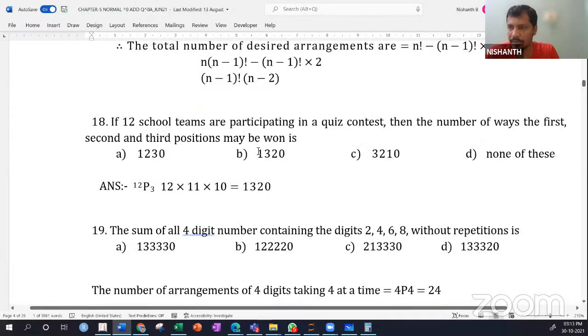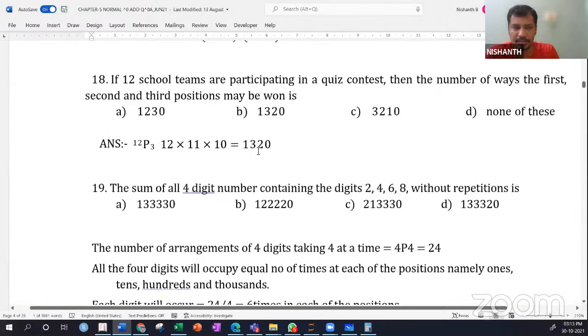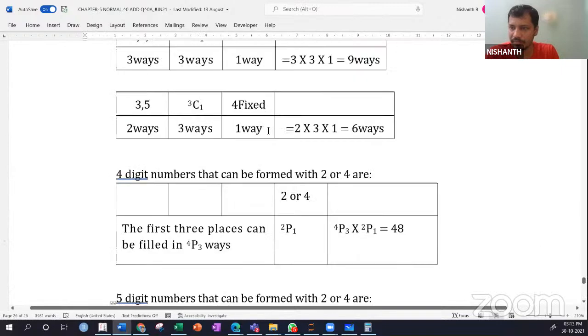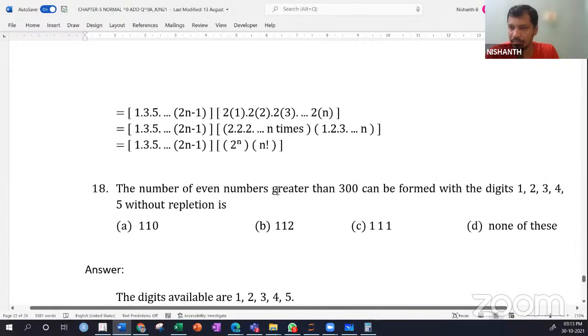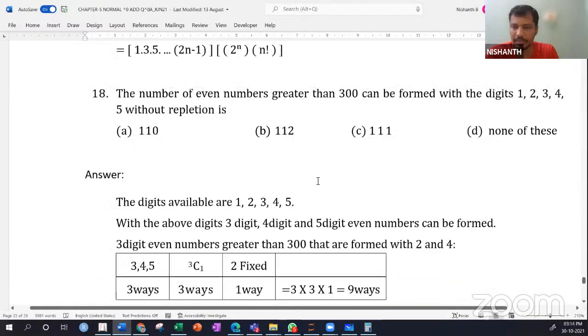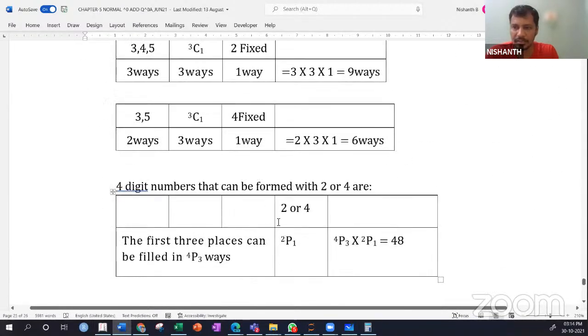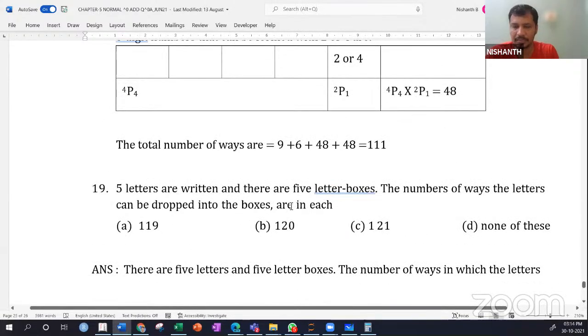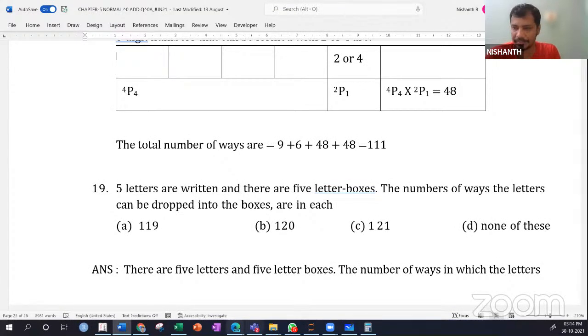But there was one problem, I think it should not be divisible by 2 or divisible by 4, something like that. Then we had the number of even numbers greater than 300. Even numbers means the last number can either be 2 or 4. Here also it is the same thing, that last number should not be 5, because they are telling it should not be divisible.